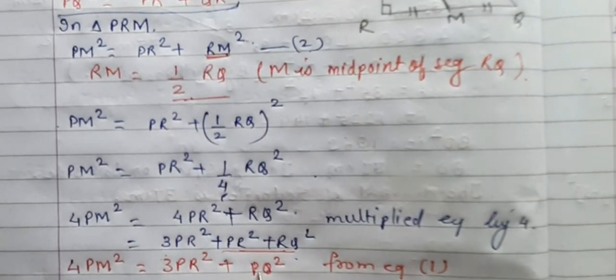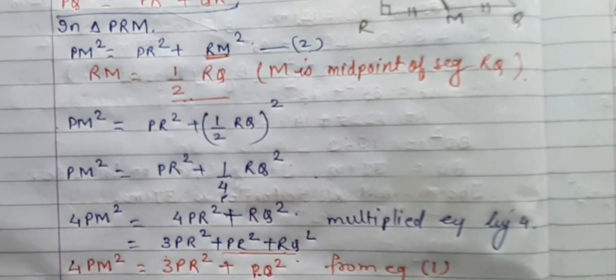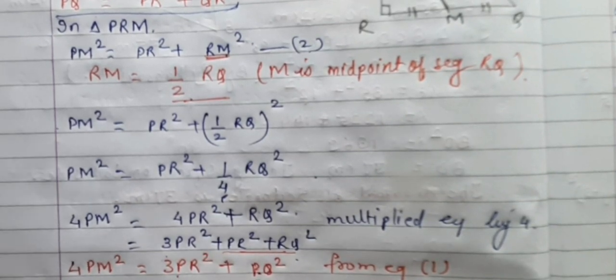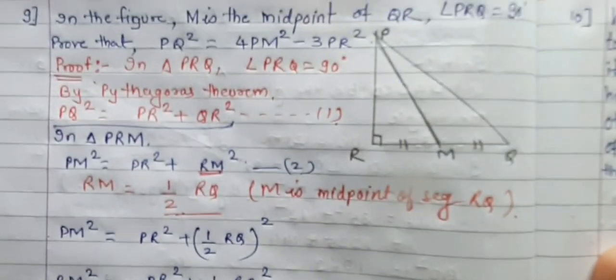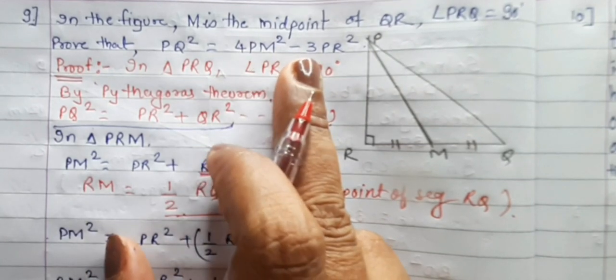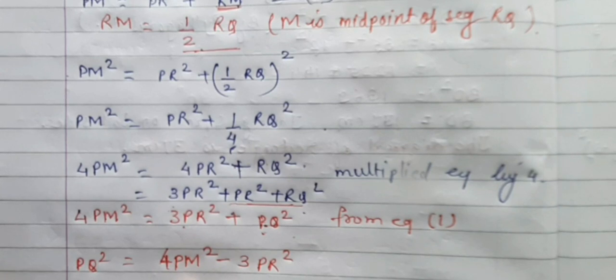What do I want? I want PQ square. This 3 PR square I'll take to the other side. It is 4 times PM square minus 3 times PR square. I hope you are with your equation. Are you with your equation? What was to be proven? It was PQ square is equal to 4 times PM square minus 3 times PR square. And we have reached the equation 4 times PM square minus 3 times PR square.